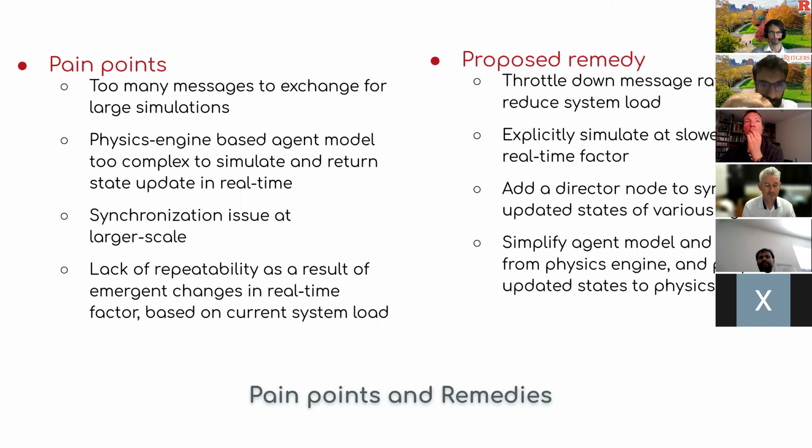So there is a simple method, which does not require changing the existing software itself, that we have worked on. One thing is we can throttle down the message rate to the system load, and explicitly simulate at a slower than real-time factor.